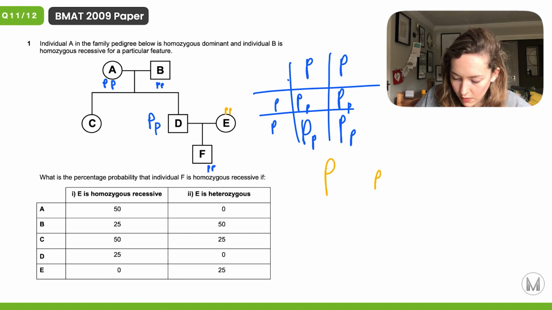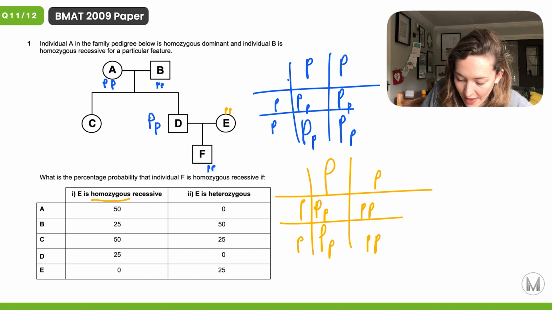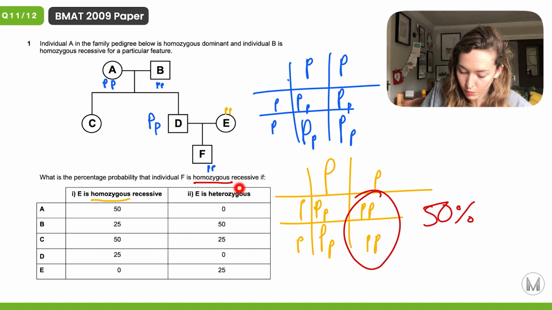We've got our heterozygous, and then E, we've been told in this question, they want us to try it out as if it's homozygous. So lowercase recessive. So capital P lowercase, capital P lowercase. So I can see that the percentage probability that the individual F is homozygous recessive is 50% in that particular case. And let's do our second option.